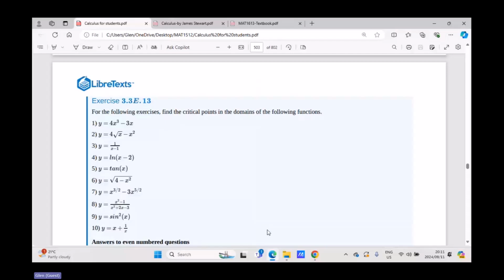I used the chain rule firstly, and then I got negative 2x over 2 square root of 4 minus x to the power 2.